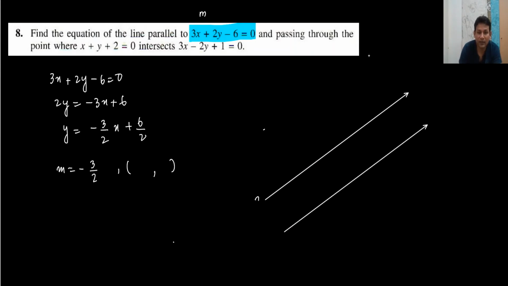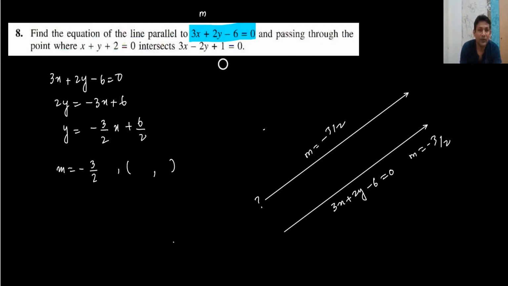This line is 3x plus 2y minus 6 equals 0, which has a gradient of minus 3 upon 2. So this gradient is also minus 3 upon 2. We got the gradient. So what do we need to find the equation of this line? A coordinate, any one coordinate.